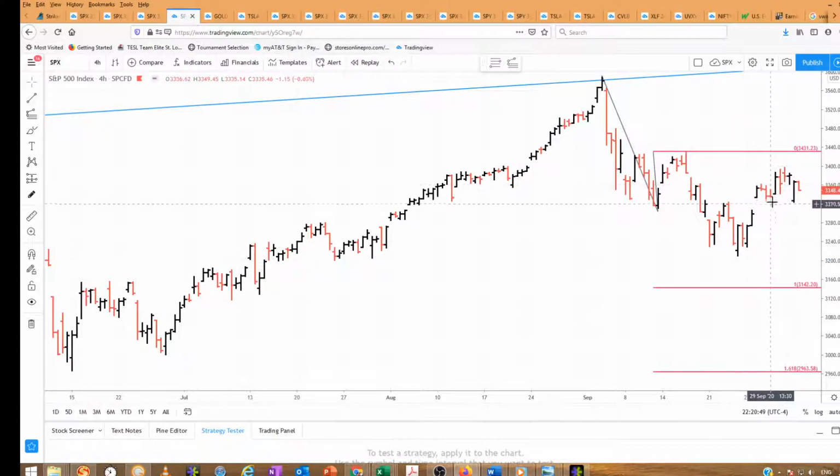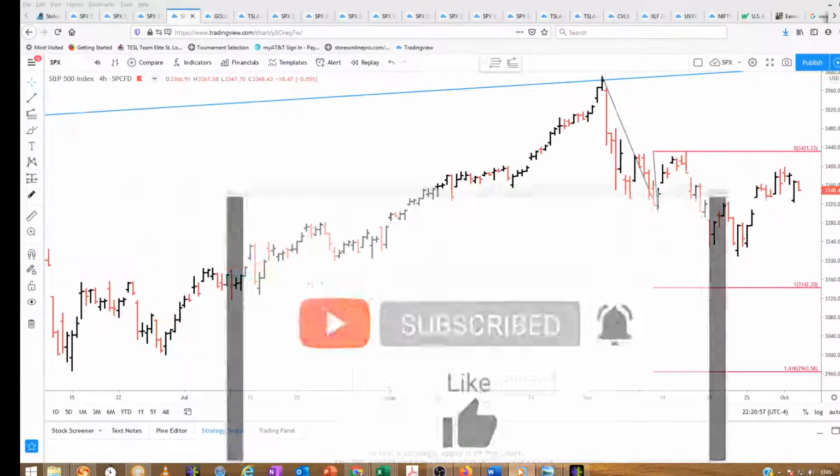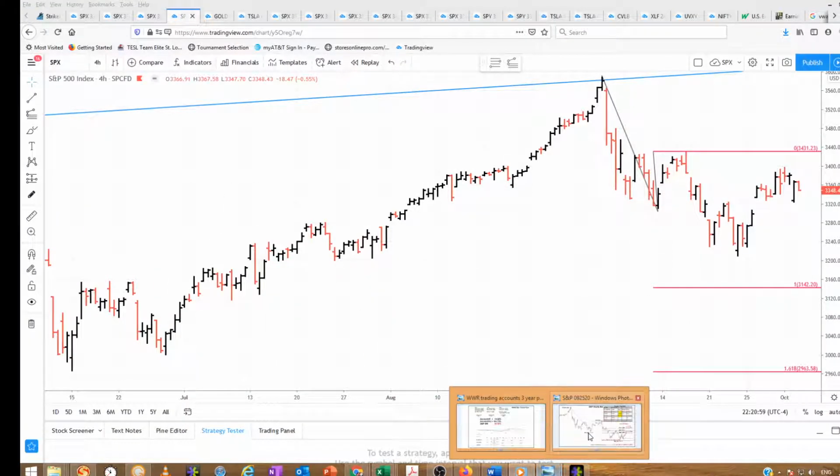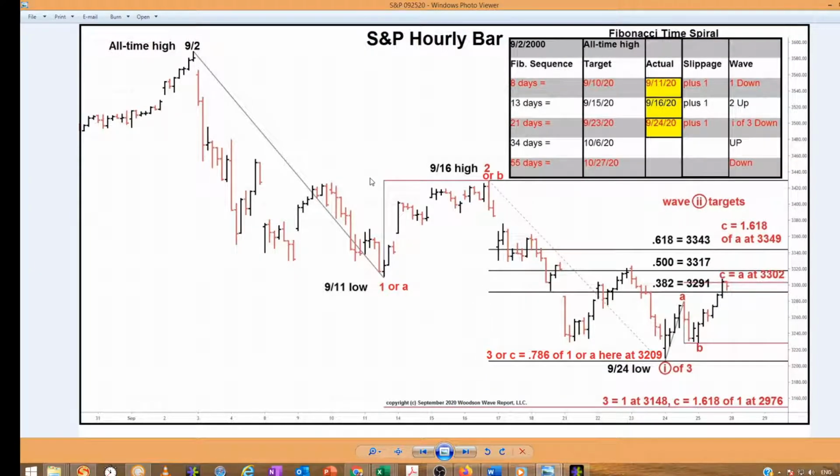So we'll have to really watch this rise up and see what happens here over the next couple of weeks. Speaking of timing, we've got our Fibonacci time spiral that we want to touch base on. From the all-time high on September 2nd, you can see the first decline bottomed on 9/11, which was a Fibonacci 8 days from the high plus a slippage of 1 day.